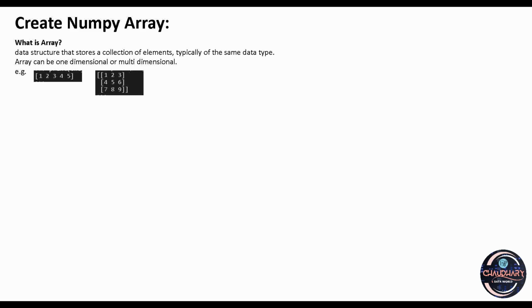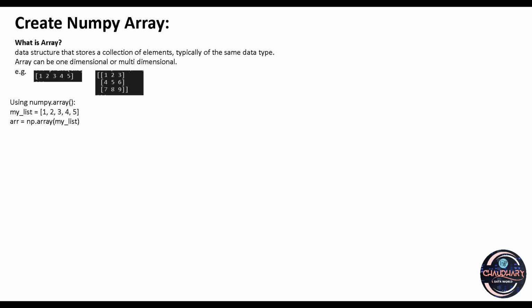Now what are the ways with which we can create different types of arrays? Let's see. First one, numpy.array, which is a very basic way to create an array from a list or whatever you want to supply into this parameter. You provide the data and it will convert it into an array with the help of this method, np.array. np is nothing but your numpy.